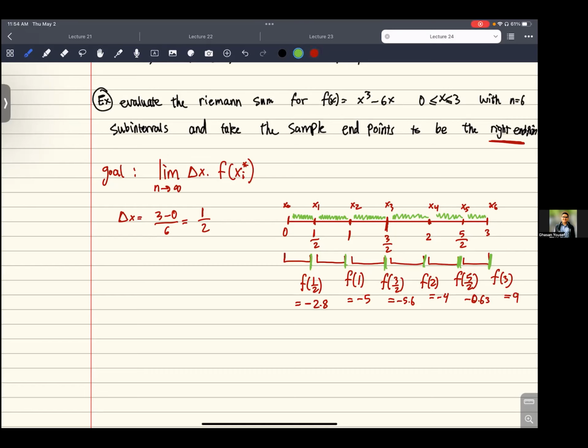So I found the values. Now just plug them inside the formula. R of 6 equals delta x times f of 1/2 plus f of 1 plus f of 3 over 2 plus f of 2 plus f of 5 over 2 plus f of 3.